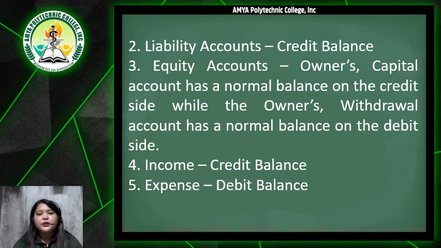And expense is under debit balance. So based on the table that I showed you a while ago, asset accounts are under debit, liability is under credit, equity is part credit and debit, income is credit, and expense is a debit balance.